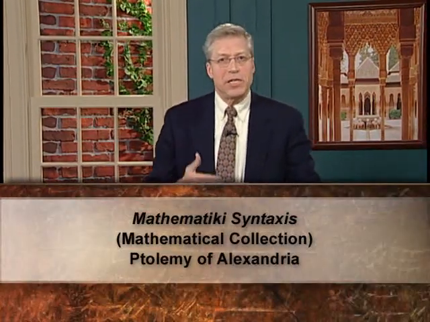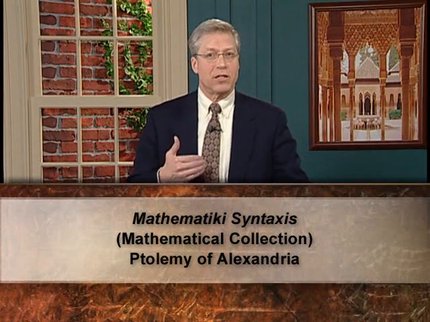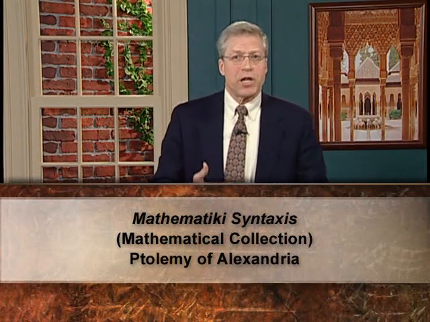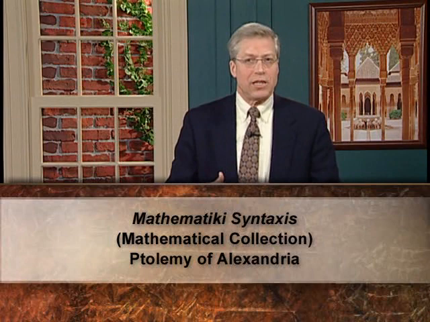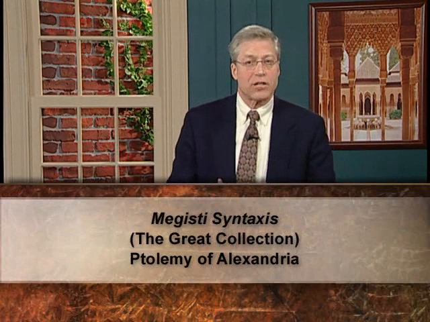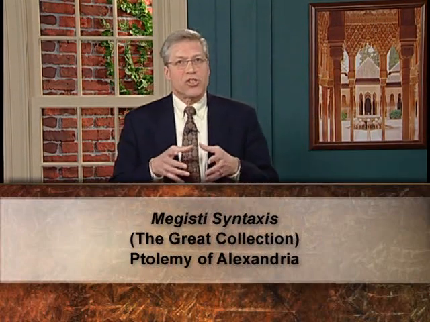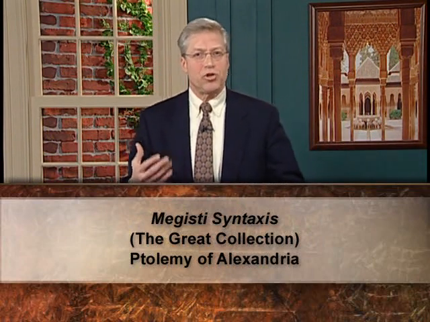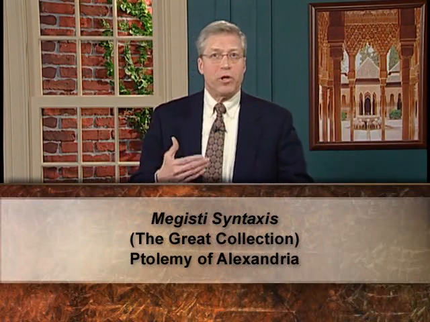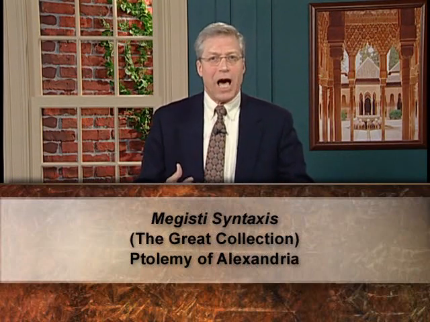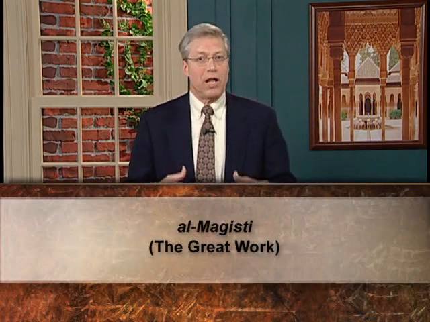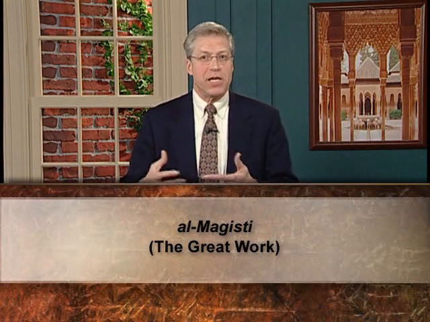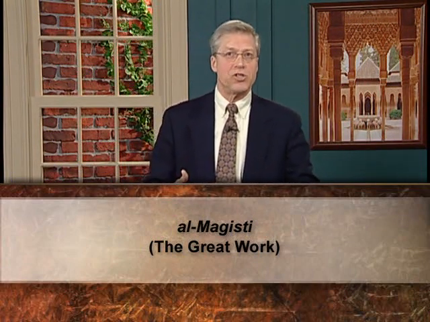This great work of Ptolemy was known as the Mathematike Syntaxis, the mathematical collection, and it would come to be known as the Great Collection, the Megiste Syntaxis, and the Islamic astronomers would then translate this into Arabic, and they would come to know it simply as the Great Work, Al-Magisti, taken from Megiste Syntaxis.